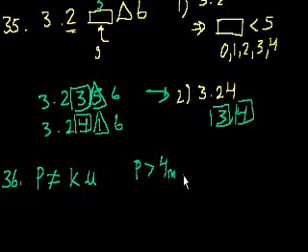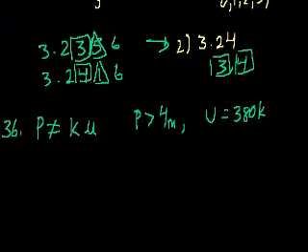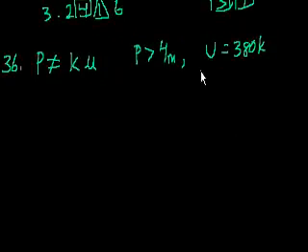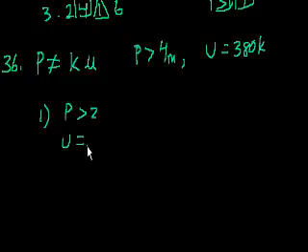This one's interesting. When units is equal to 380K, let's see if we can figure this out. Statement 1 says the profit exceeds 2 million on sales of 200,000. So profit is greater than 2 million when units is equal to 200K.